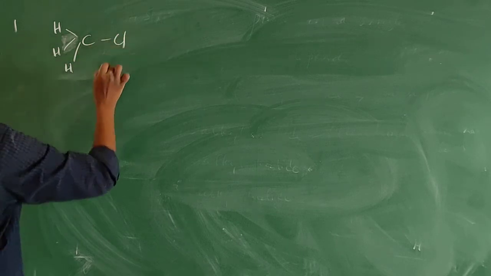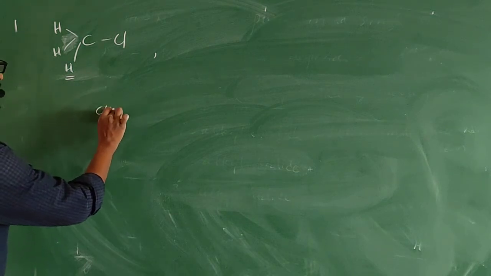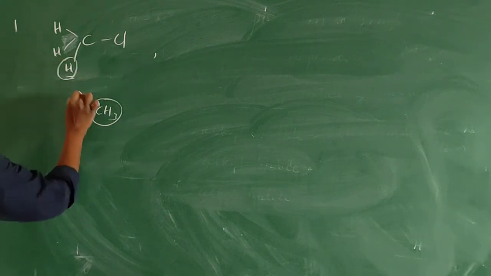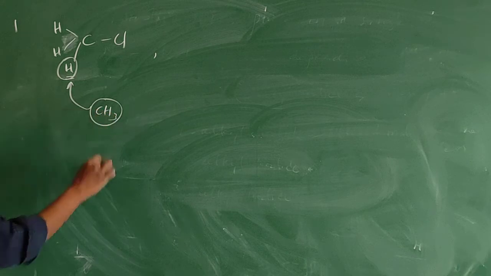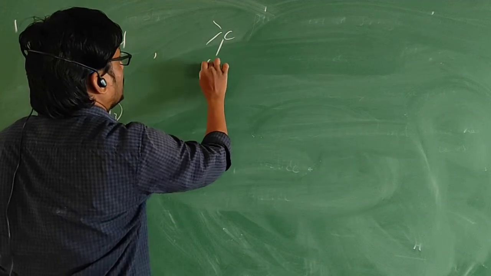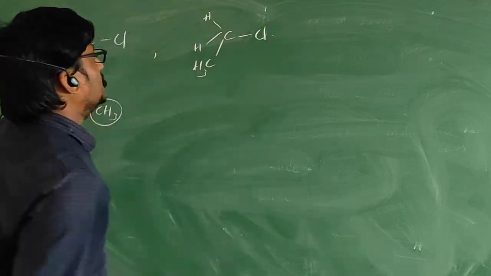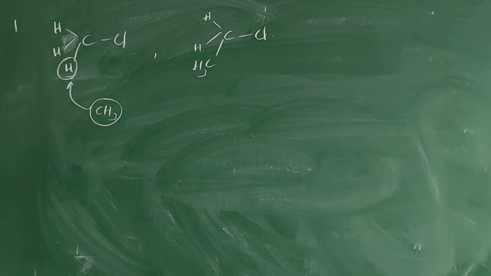This is methyl chloride, chloromethane. Now if you see, when one of the hydrogens from this chloromethane is getting substituted by a CH3 group, it will form chloroethane.